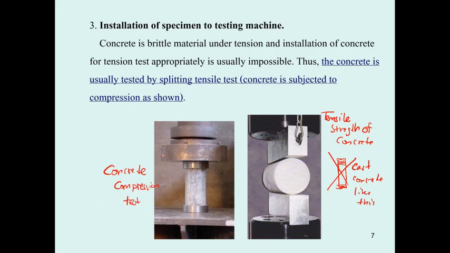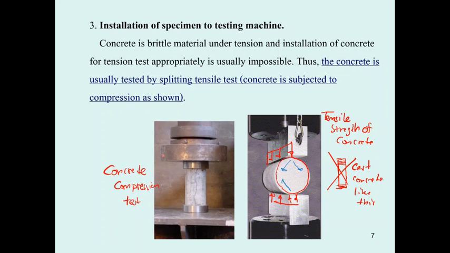So the ASTM specifies the splitting tensile test, in which the concrete lies horizontally and is subjected to the force applied to the specimen in this direction. What happens when this specimen is subjected to the force? The force will have the arch action.